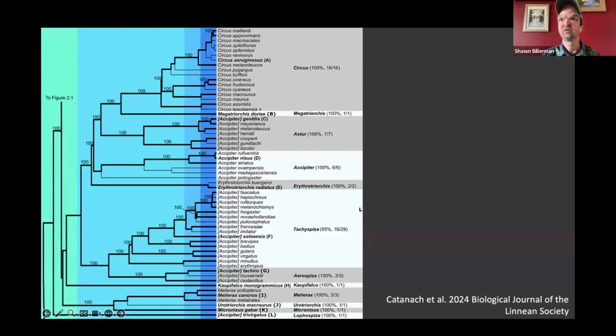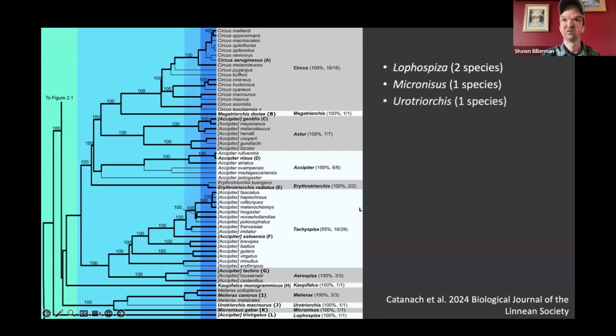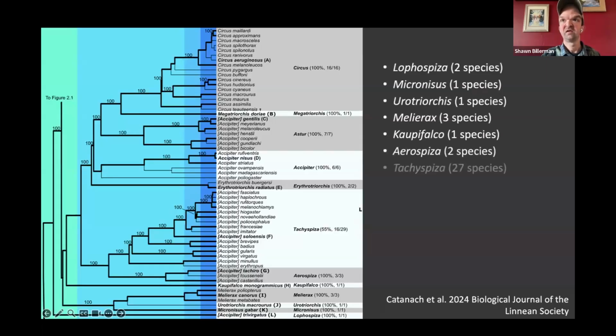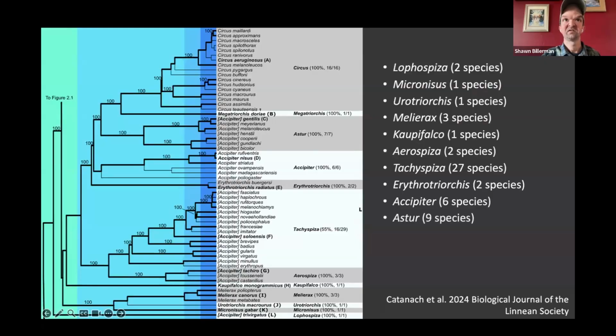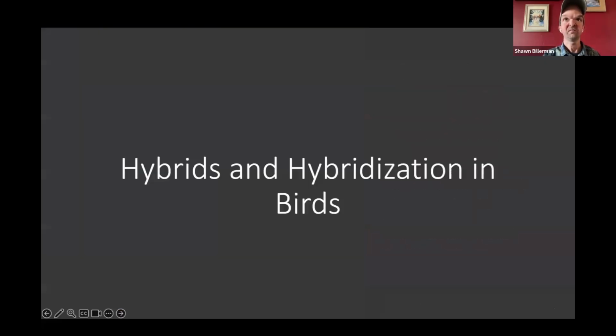But now if we work through this group branch by branch using our new taxonomy, we get a very different linear sequence where we ultimately end up having the harriers in the genus Circus as the last in this linear sequence. And then to wrap things up, I'm just going to introduce some hybrids, and then Marshall will take over.